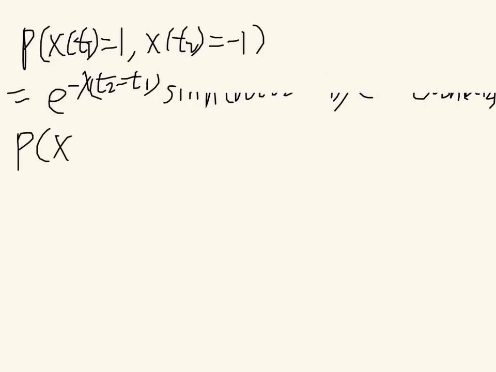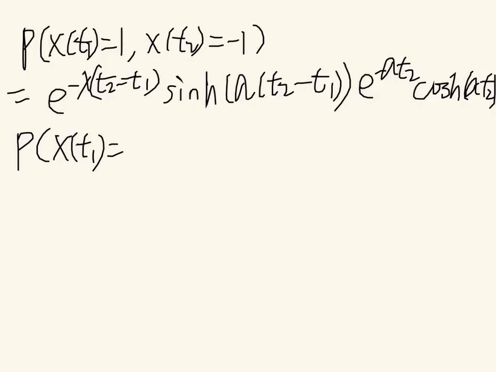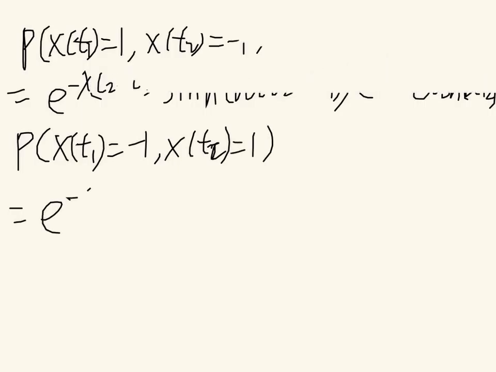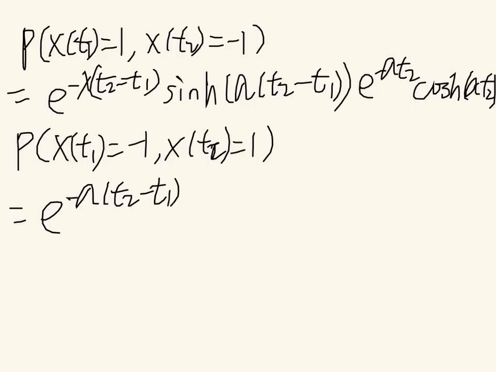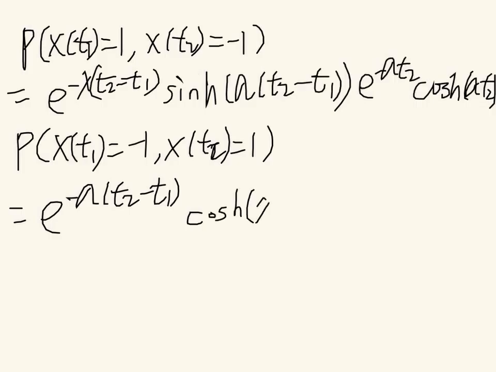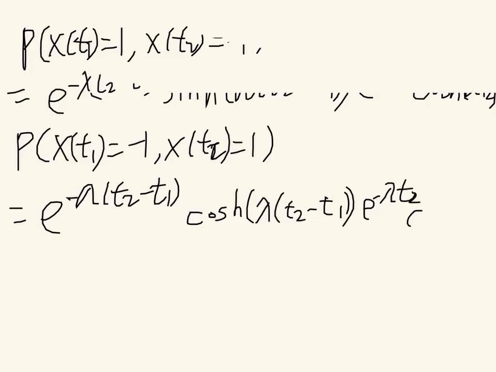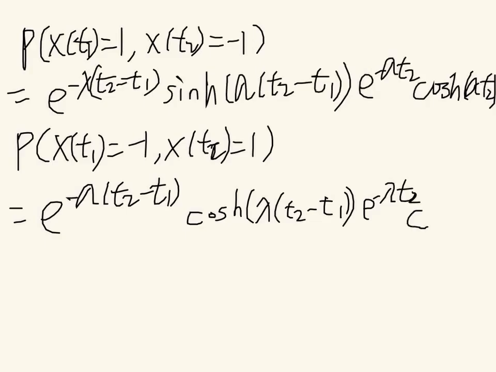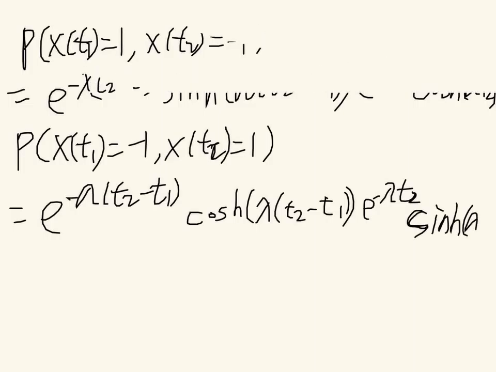P of X(t1) equal to minus 1, X(t2) equal to 1, is equal to e to the minus lambda (t2 minus t1) cosh of lambda (t2 minus t1) times e to the minus lambda t2 sinh of lambda t2.